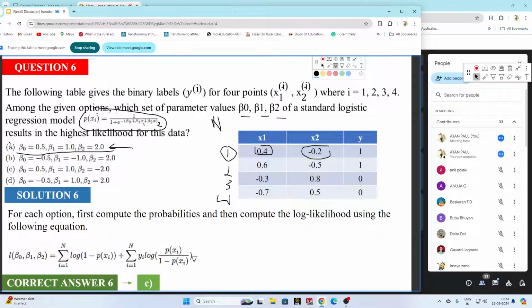This is the same equation. Here it is written in a slightly different form, but it is the same. How is it the same? When you see this: yi log of p(xi) minus yi log of 1 minus p(xi).